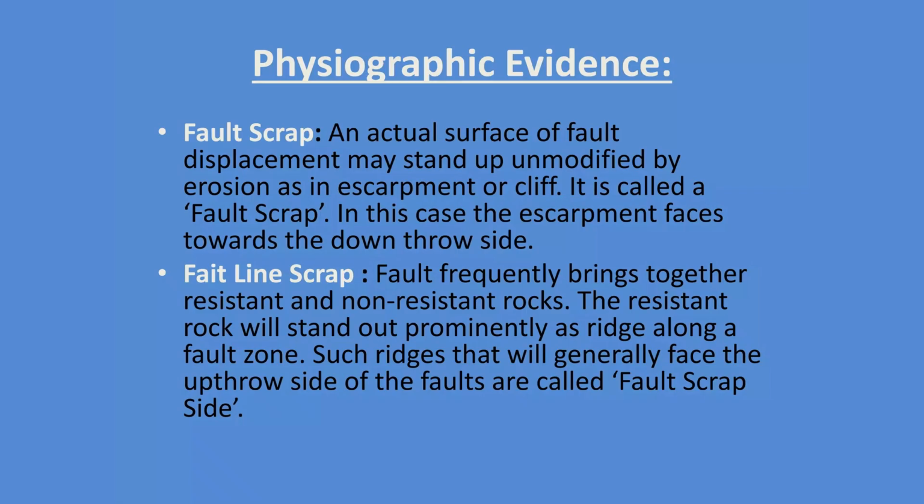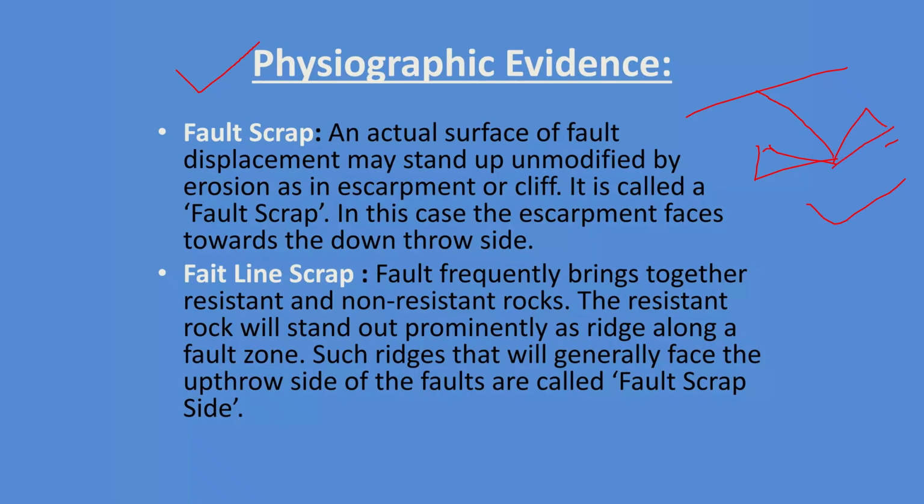Then what are the physiographic features? Physiography you have to look at on a broad scale. So fault scarps. Fault scarps are nothing but this type of truncation that you will find. Suppose this is the ridge and this is the valley. If a fault happens, you will find this type of truncation.